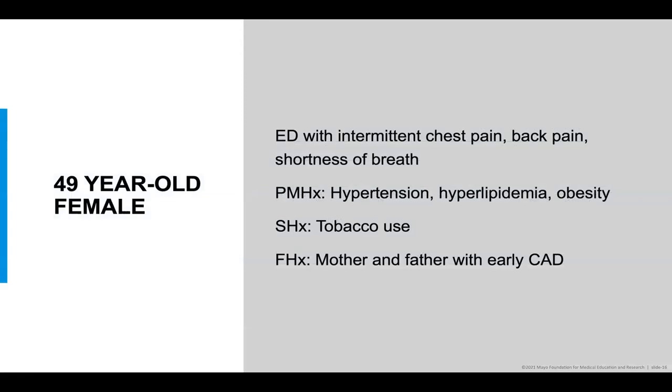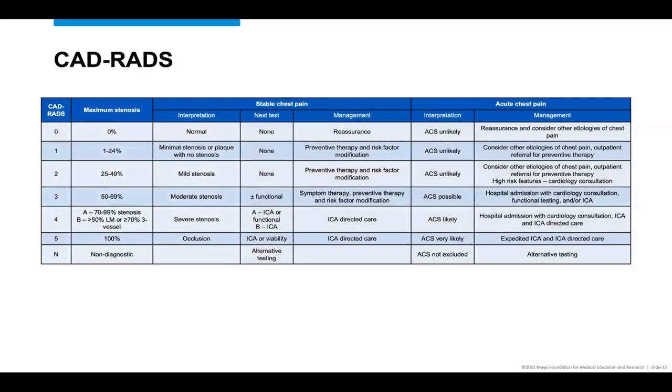Okay, next case. Sorry, I just had a question in the chat. Is the stair step artifact only in prospective gating? No, you can also see that stair step artifact in retrospective gating with your reconstruction.